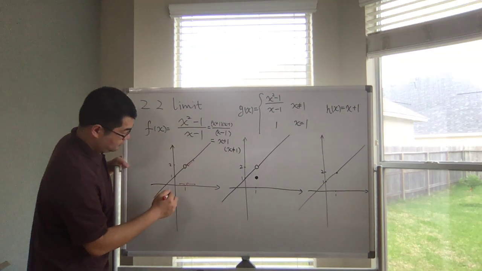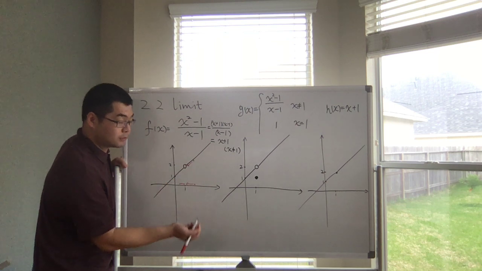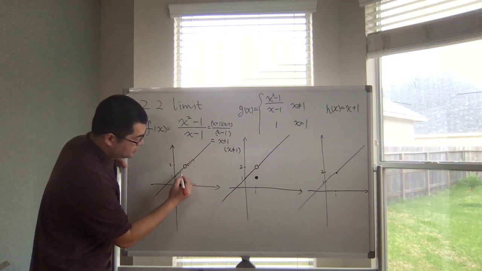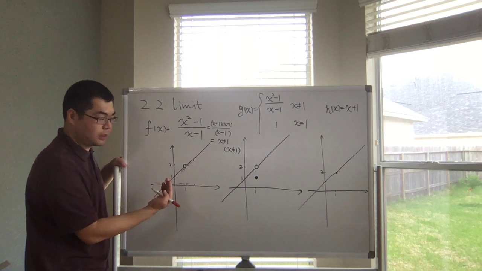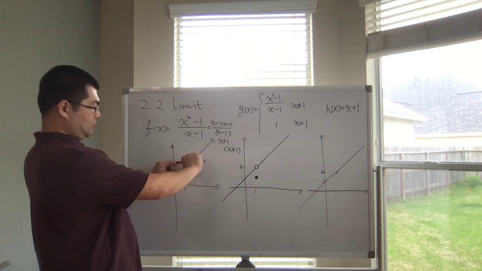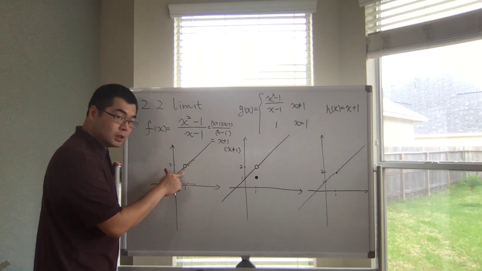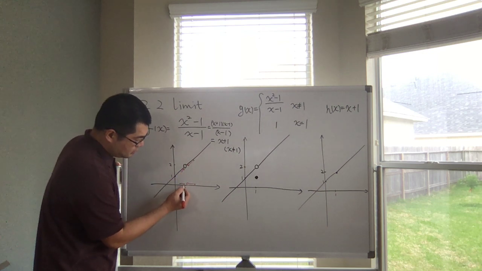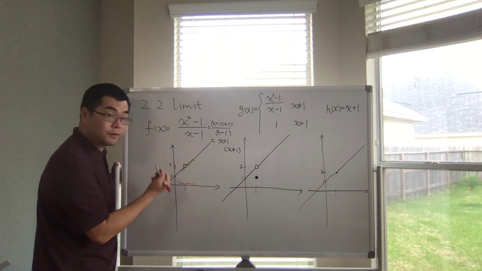Similarly, as x approaches 1 from the left, which is from a smaller number, you will see that the corresponding y value also approaches 2, but from the lower part, okay? In fact, guys, we can decompose this arrow: when x approaches 1 from the left, the corresponding y value approaches 2 from the bottom.